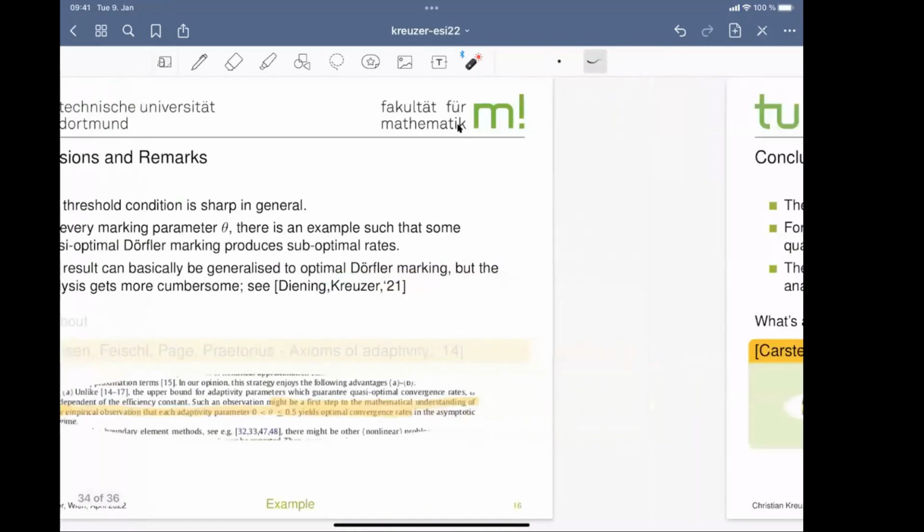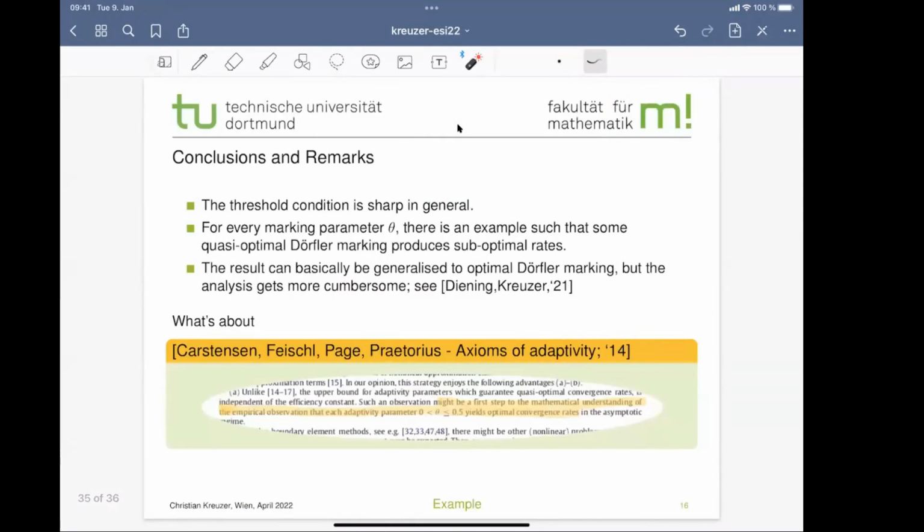So the question, of course, is what about this statement in general cases? And I have to say I don't have an answer. There might be, for partial differential equations, some more structure behind that you can always see this rate, or maybe I just have not reported an example telling you that, no, you cannot see this rate for any marking parameter theta.